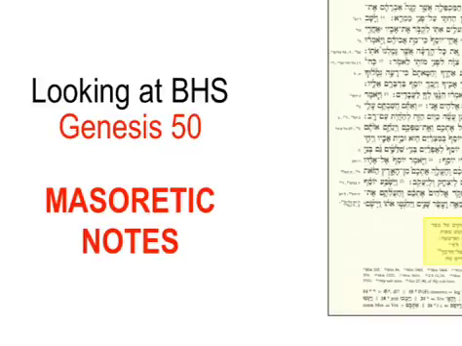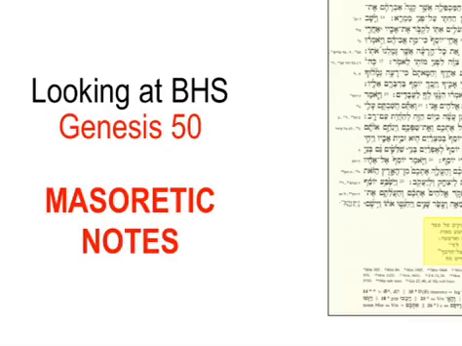Here's why. Remember, for the vast majority of the history of the Hebrew Bible, it was copied by hand. It wasn't reproduced with a printing press or digitally by a computer. It was copied by hand. When you copy things by hand, the ability to make mistakes increases exponentially.